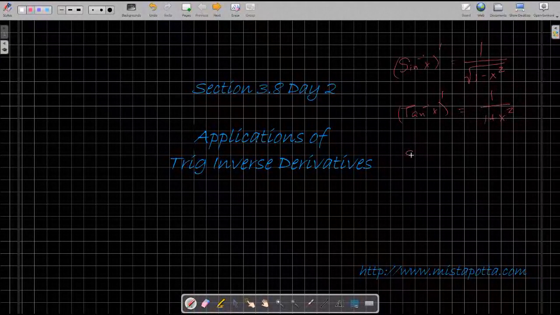And I could do the trig inverse for secant inverse of x. The derivative of that function would be 1 over the absolute value of x times the square root of x squared minus 1.